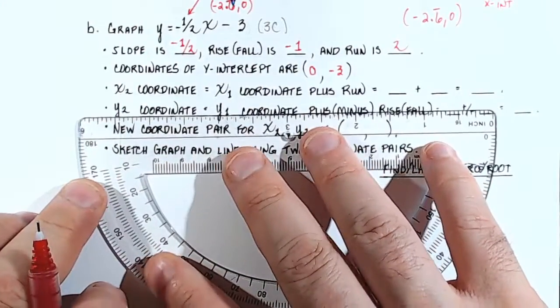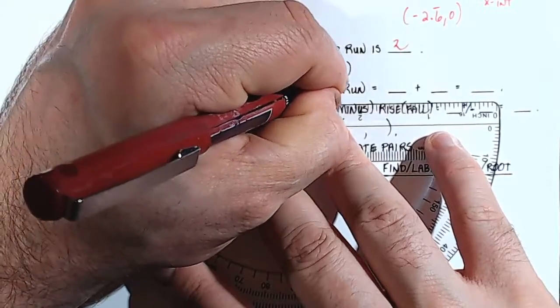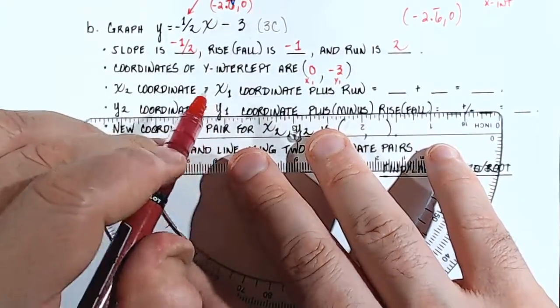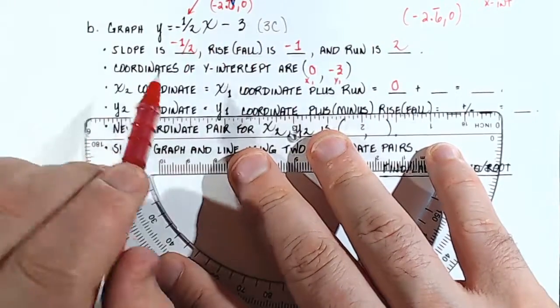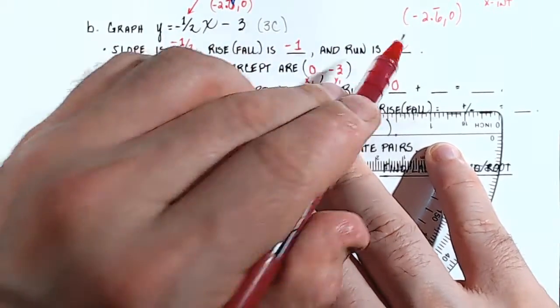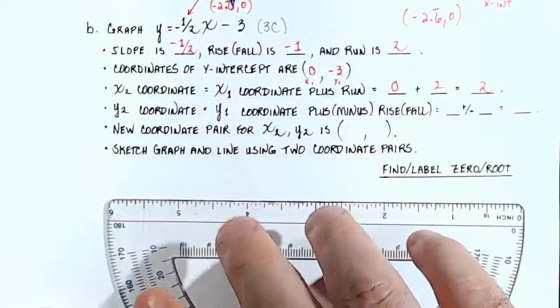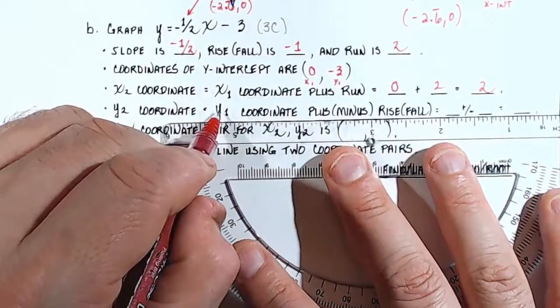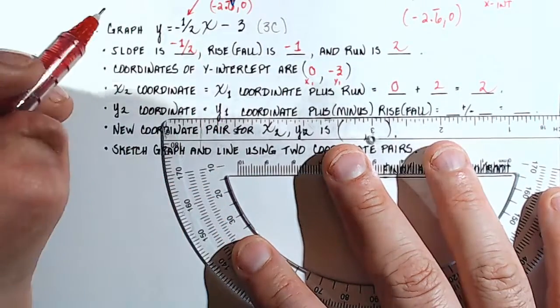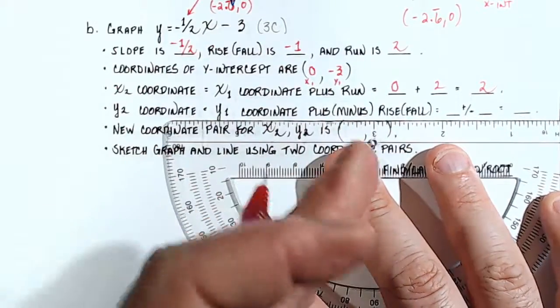And now we'll find that second point. We'll label this x1, y1. The x2 coordinate is equal to the x1 coordinate, 0, plus the run. The run is 2. So 0 plus 2 is just 2. So that's the x2 coordinate. The y2 coordinate is the y1 coordinate, which would be negative 3, plus or minus the rise or fall.